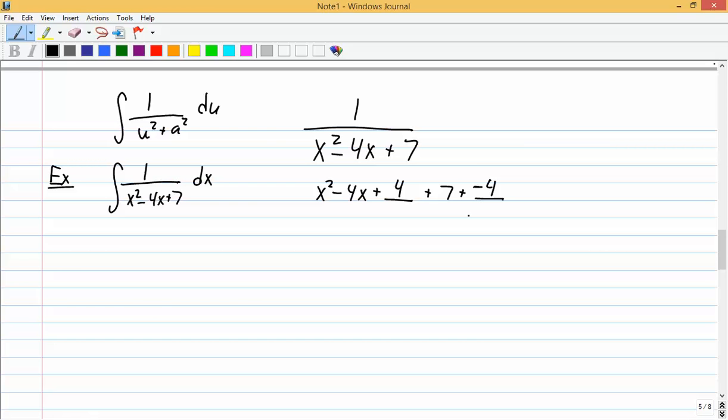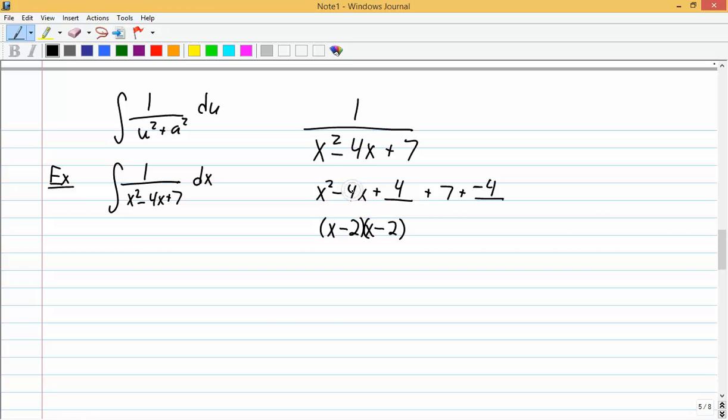All right, the reason for doing that, the reason why we complete the square, is so this will factor. This becomes a perfect square. Put x, x. Whatever the sign is right here, you put here and here. So minus, minus. And then the number you got when you took half of this goes here and here. 2, 2.